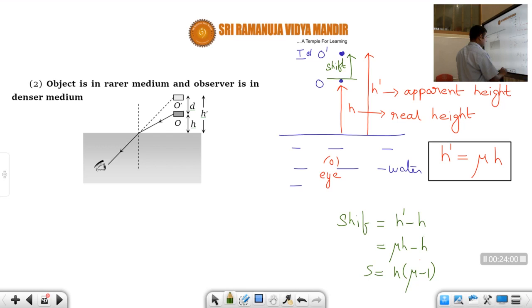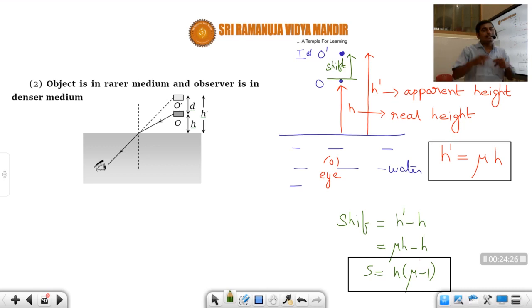So always remember, when the object is in a denser medium and the observer is in a rarer medium, for example a swimming pool where the coin is inside water and you are outside, always remember this example, then the object will appear nearer to you. How much nearer? H dash equals h by mu, because it is less. Whenever you divide something, you will get less.